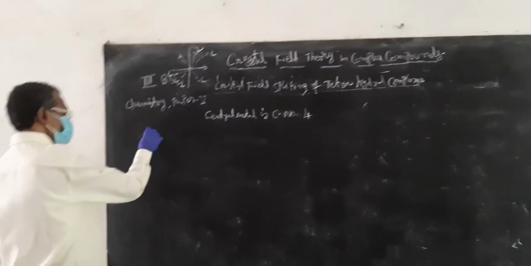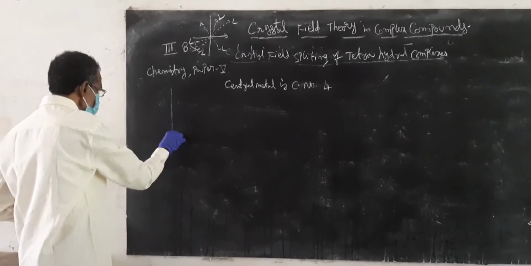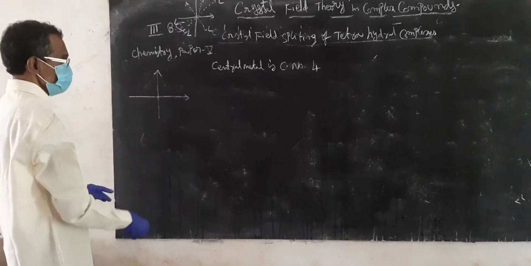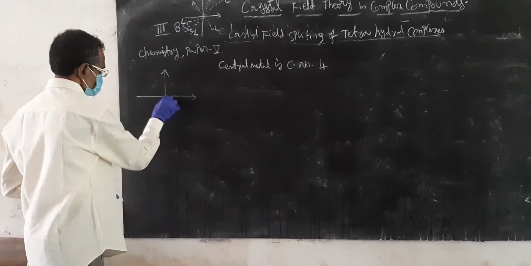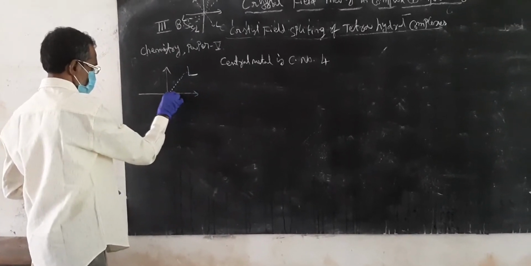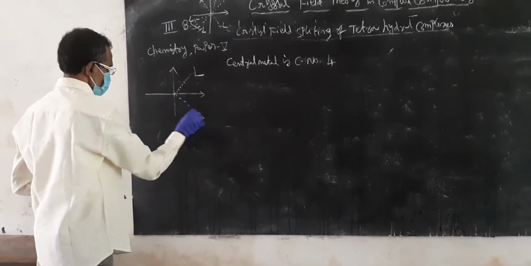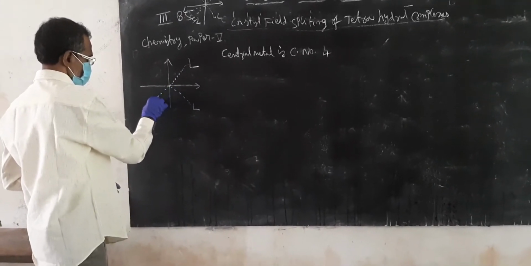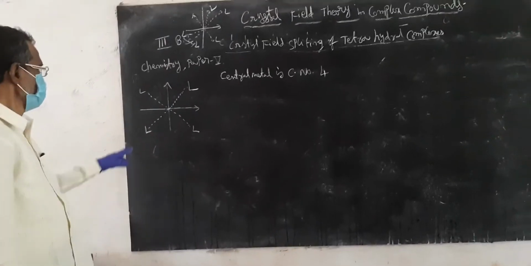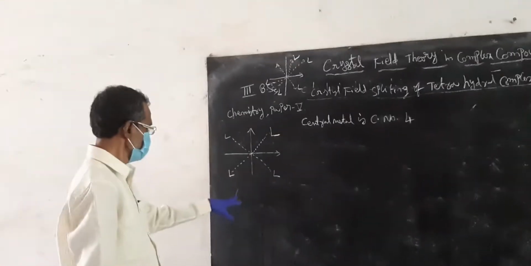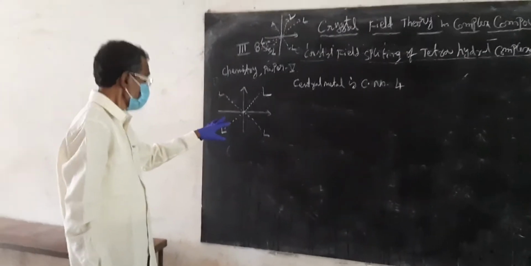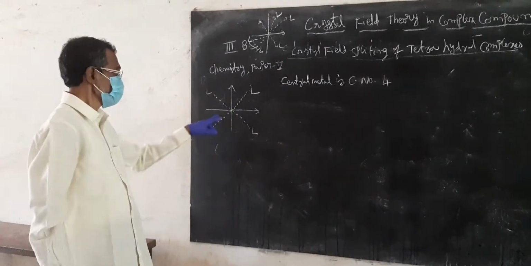That means 4 ligands approach the central metal tetrahedrally, along with the axes.